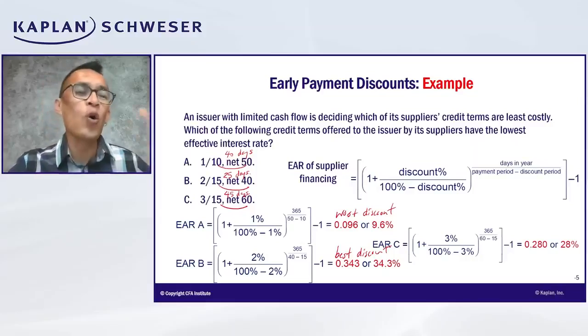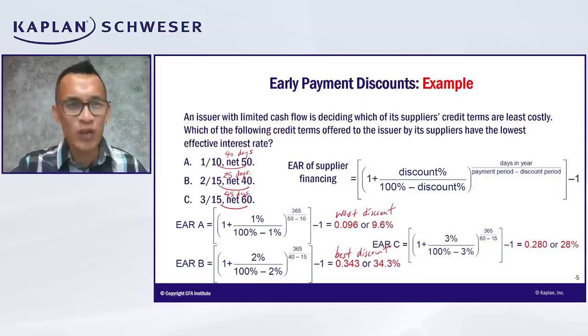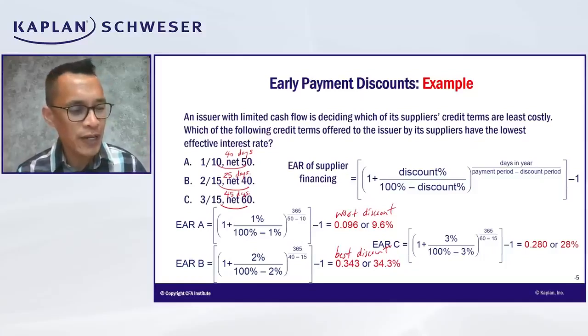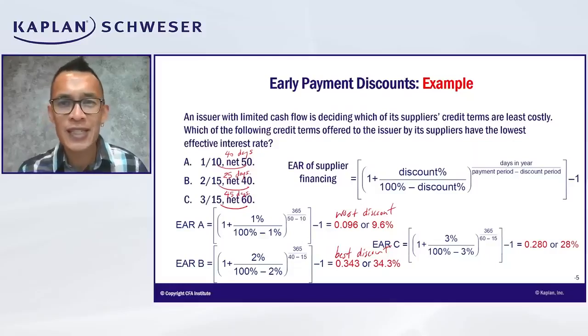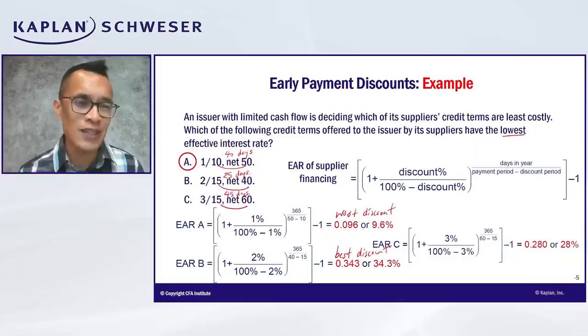All right, so putting this all together and doing this in real slow motion, the lowest rate or the lowest opportunity cost here is A. So stated alternatively, A's discount provisions are the least attractive and B's discount provisions are the most attractive. Since the question asks you for the lowest effective interest rate, then you choose answer A. Okay, so I did a very detailed example here.